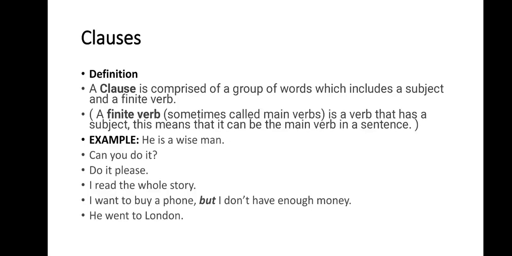In the first one, I want to buy a phone, I is the subject, and the verb is buy. And in the later part of the sentence, I don't have enough money, again you have both subject and verb. What is the subject here? Again, I is the subject, and what is the verb here?